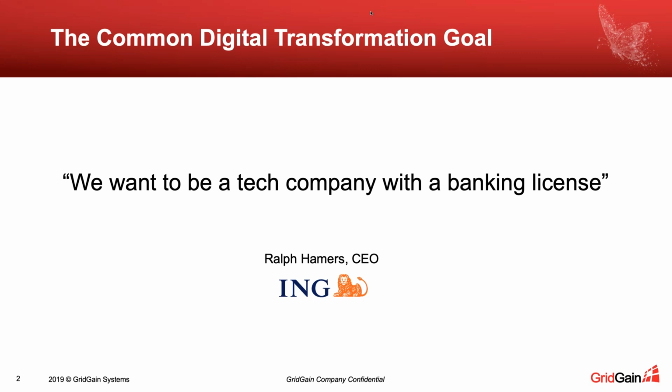They now look differently at their business. For instance, Ralph Hamers, the CEO of ING Bank, says the following: he wants ING to become a tech company with a banking license. So just think about this for a second. What has changed in the mind of Ralph, the CEO of one of the largest banks in the world, to claim this?